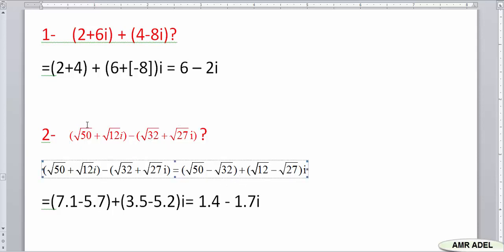Then the imaginary part, root of 12, with the imaginary part, root of 27. Then we use a calculator: root of 50 is 7.1, root of 32 is 5.7, subtract them, it will be 1.4. Then root of 12 is 3.5, and root of 27 is 5.2. If we take the result, it will be 1.7i.